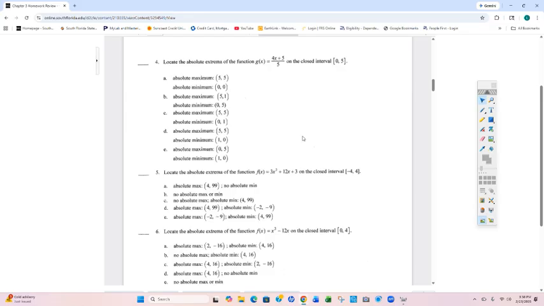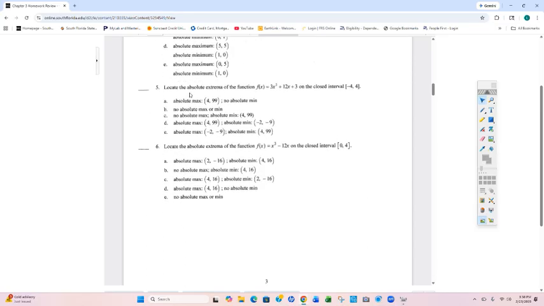B, absolute maximum 5, 1, absolute minimum 0, 5. C, absolute maximum 5, 5, absolute minimum 0, 1. D, absolute maximum 5, 5, absolute minimum 1, 0. E, absolute maximum 0, 5, absolute minimum 1, 0. The correct answer is C, and this is from section 3.1.